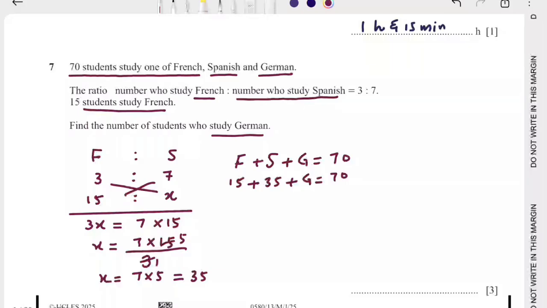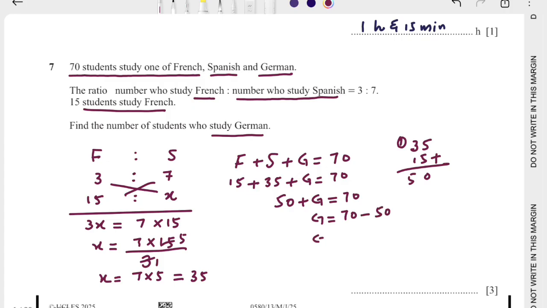Now add them. 35 plus 15 would be 50. Plus German equals 70. So German equals 70 minus 50. So Germans are 20. So there are 20 students.